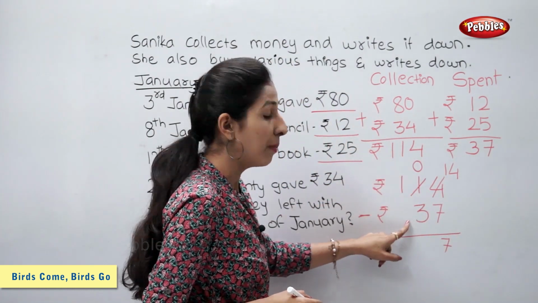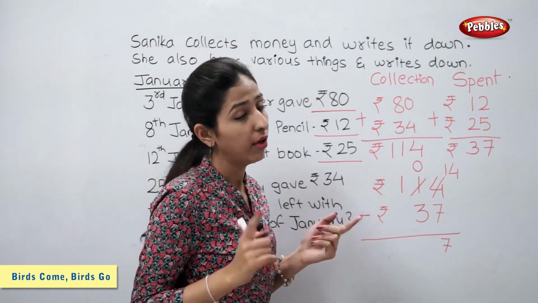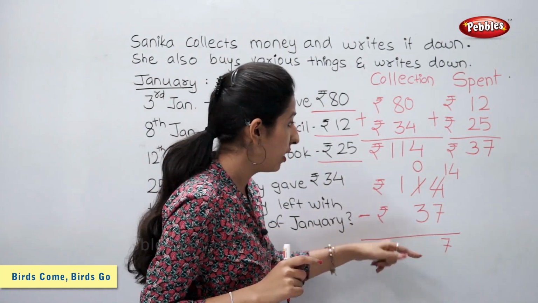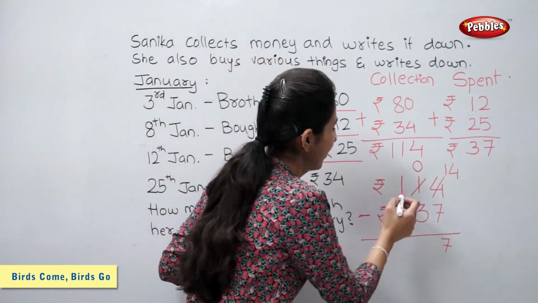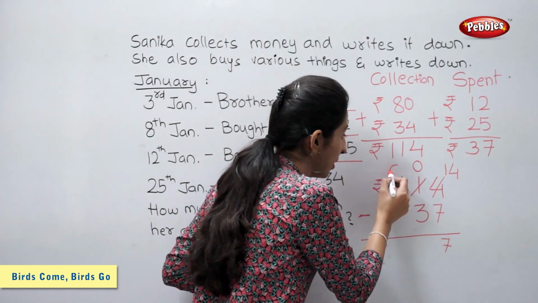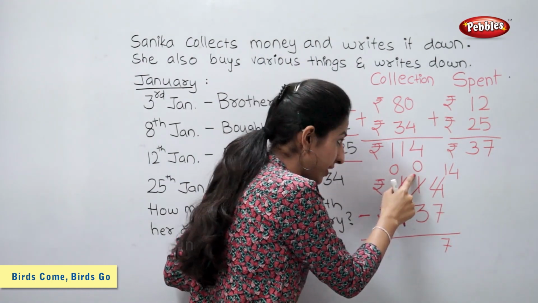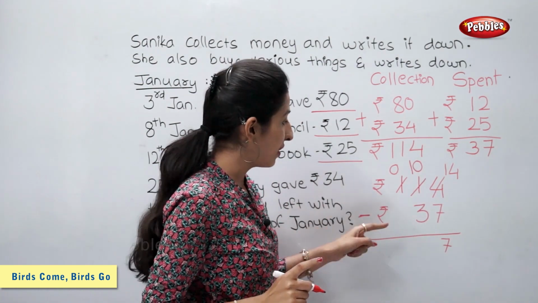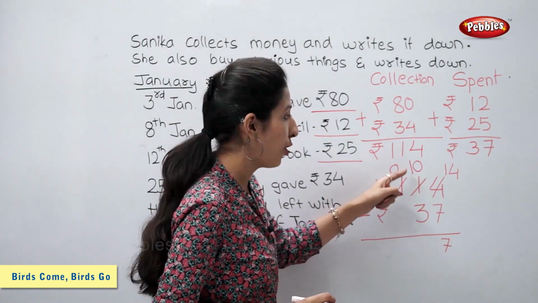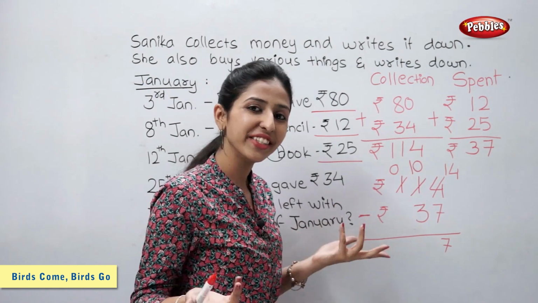0 minus 3. Students, we cannot subtract 3 from 0. So, let us borrow. 1 becomes 0. 0 becomes 10. Now, we will subtract 3 from 10. That is 7.